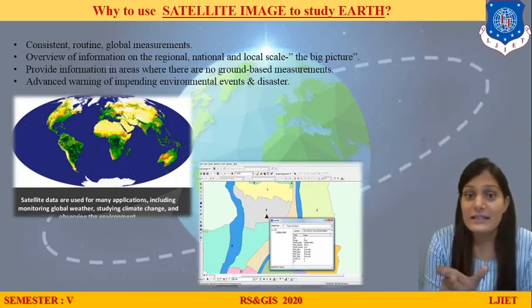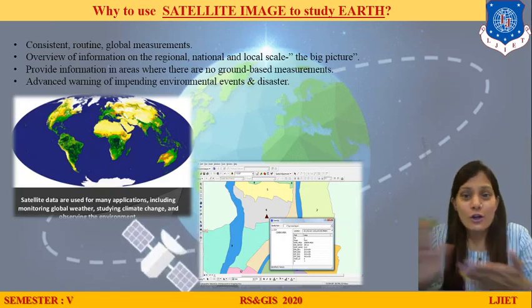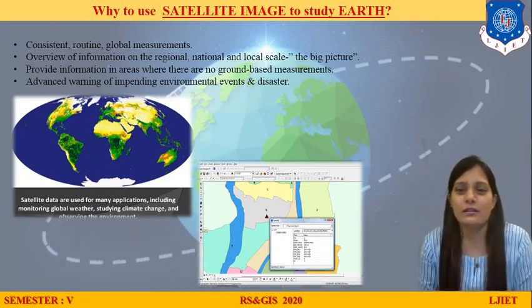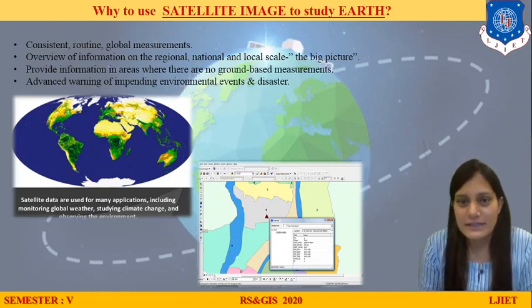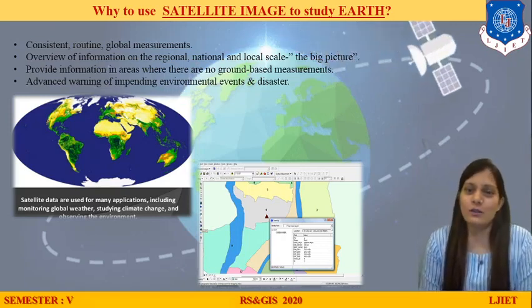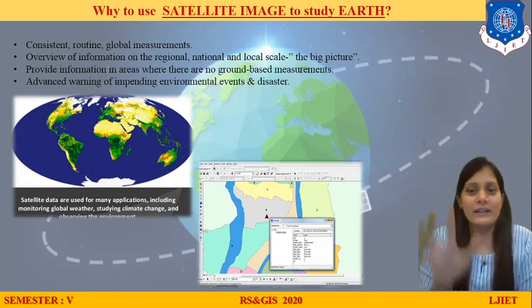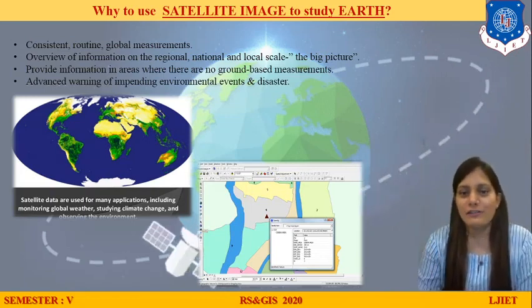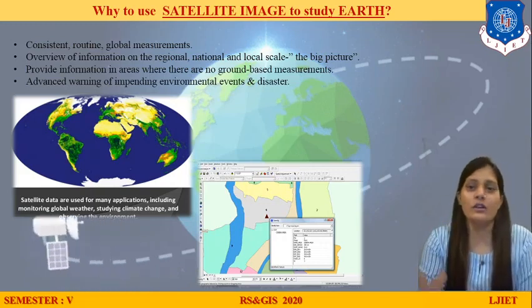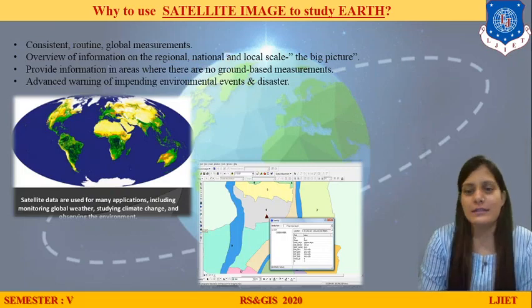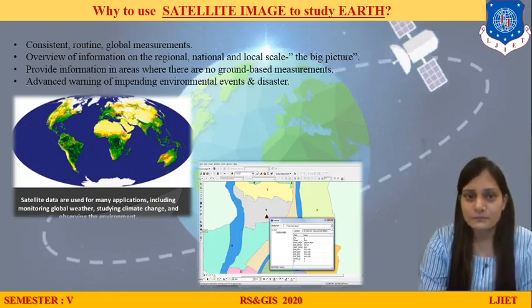That interface is the display of your Earth. Remember, that is why I have shown you the GIS software interface. So your interface actually looks like this, and in this we are going to put our data, that is our image or a vector file or a raster file, and then we are going to work on it, right? Those are the applications which we are going to discuss right now in this module.